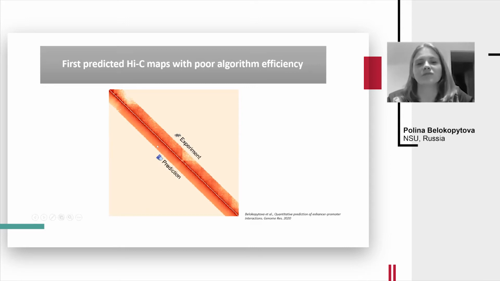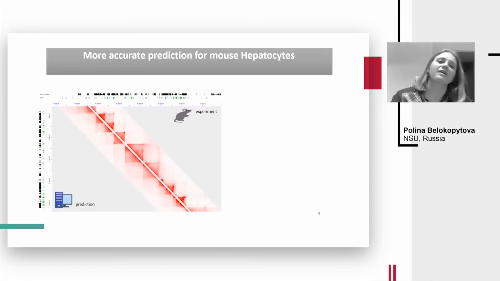After that, we tried to modify some algorithm parameters, the sample, the size of training data sets, and so on. And finally, we got the Hi-C map like here. Here's the prediction for mouse hepatocytes. As you can see, the algorithm captured the main texture structure, and sometimes it even predicted loops.